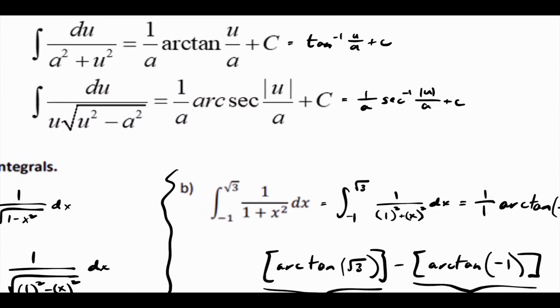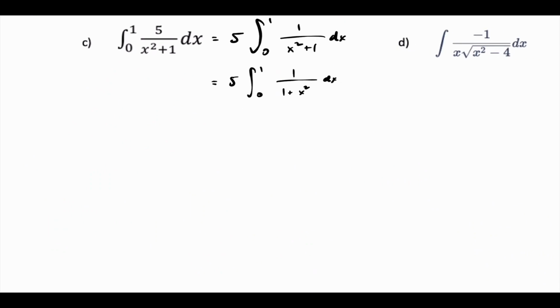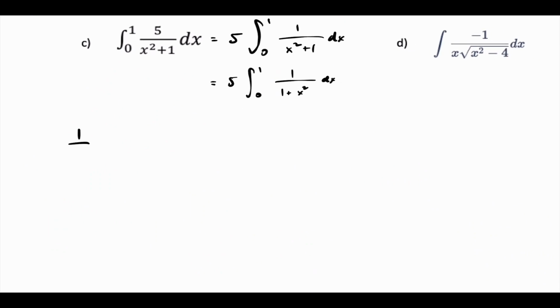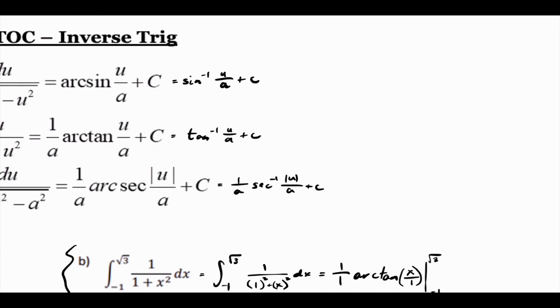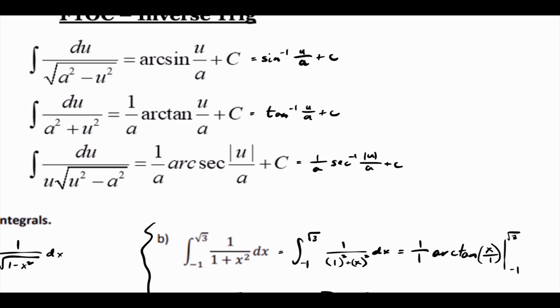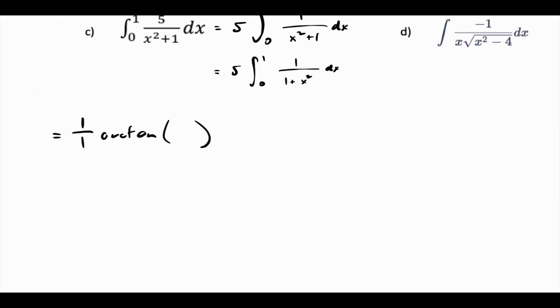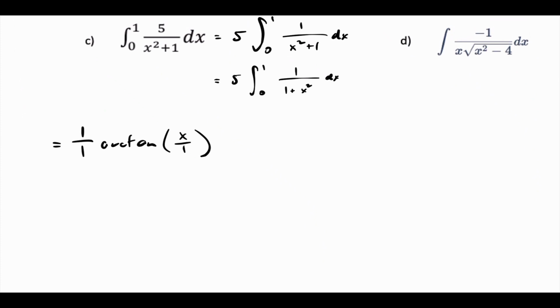So 1 over A arctangent U over A, so X over 1, oops, forgot about the 5. And then from 1 to 0.